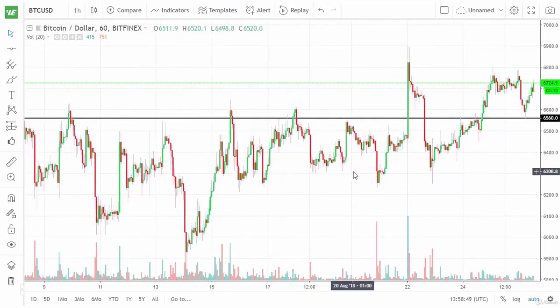There's something called market memory. And the reason for that is that you have all of these sellers in this area time and time again. Eventually, they get blown out. So now you have a lot of people who have been shorting Bitcoin at 6,560. It goes underneath. They get blown out again.